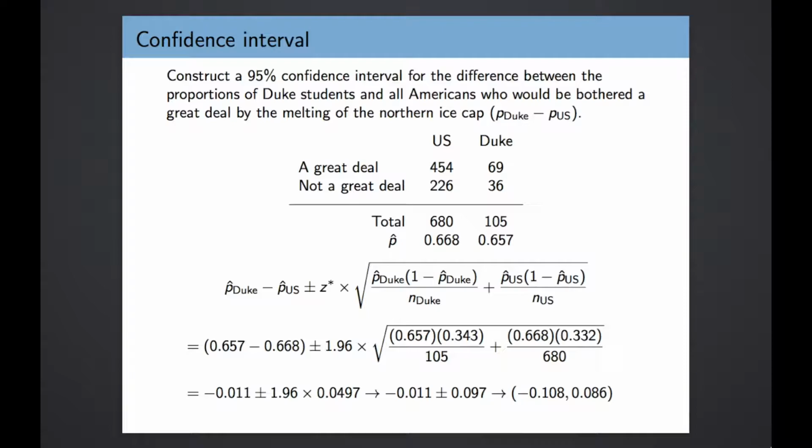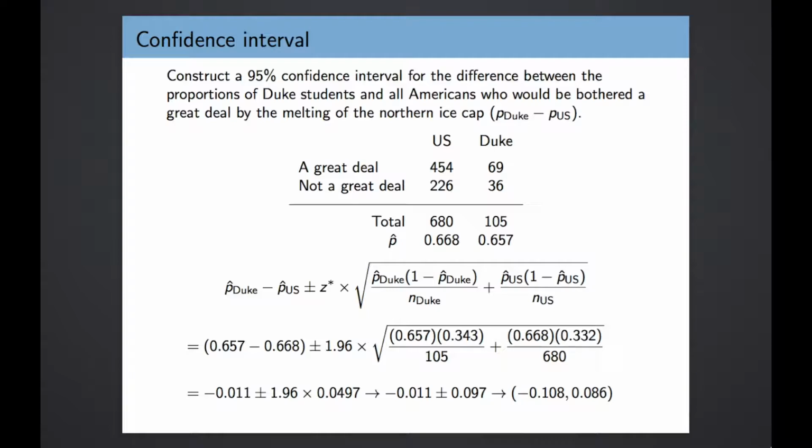The standard error is constructed with the data for each of the samples. So we have 0.657, which is p-hat for the Duke students, times 0.343, which is 1 minus p-hat for the Duke sample, divided by the size of the Duke sample. And then we add that to the equivalent variables in the US sample.